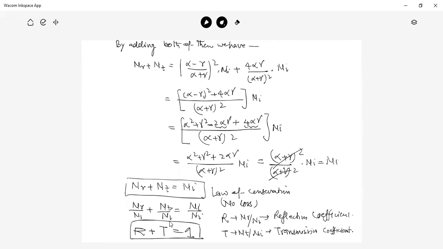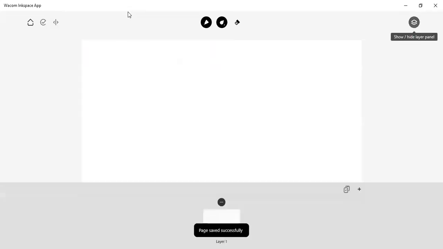The whole picture can be visualized with the help of the graph. That is the graphical representation. So first we take this part.